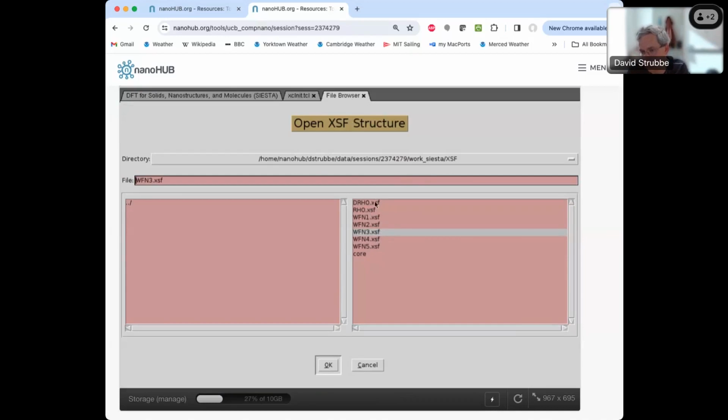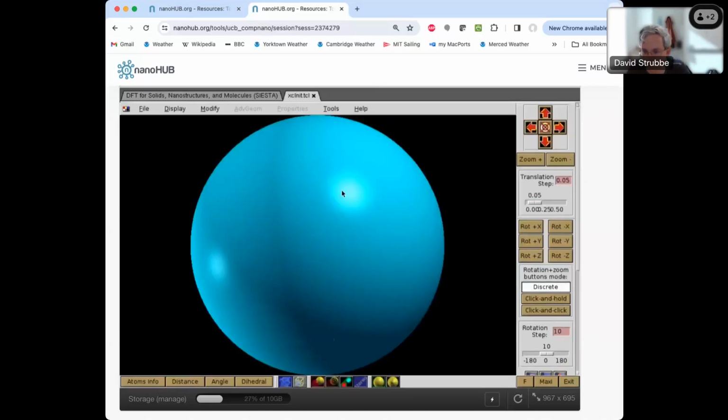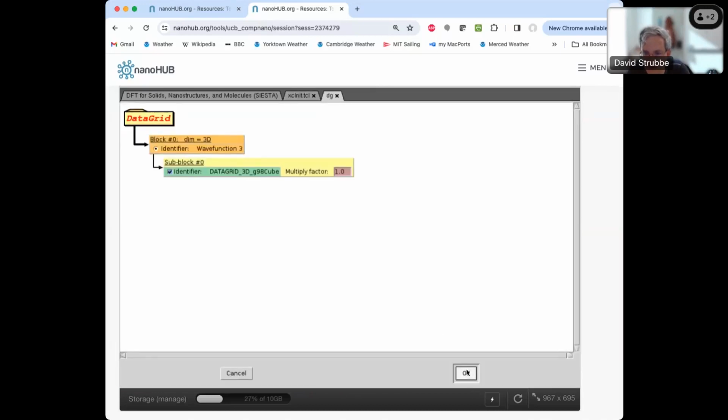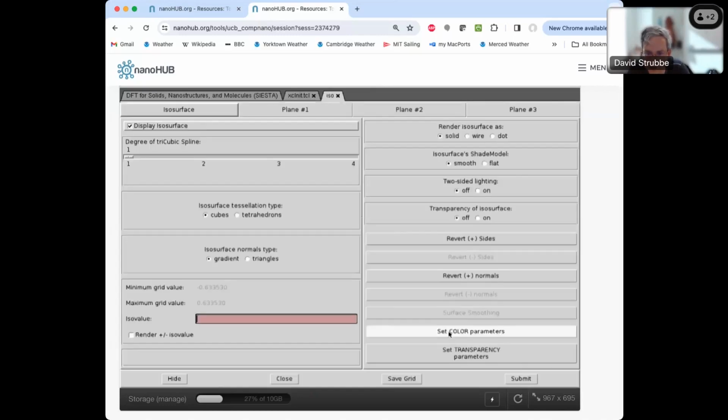This is the charge density difference from the atoms. That's the charge density. And then these wave functions are, the first one is 1s, that's 2s, and then 3 2p orbitals. Let's just stick to one of the 2p's, which is the most interesting. And so to visualize this, I'll go to the data grid and just say OK here.